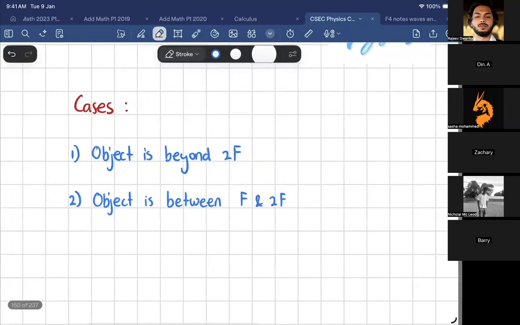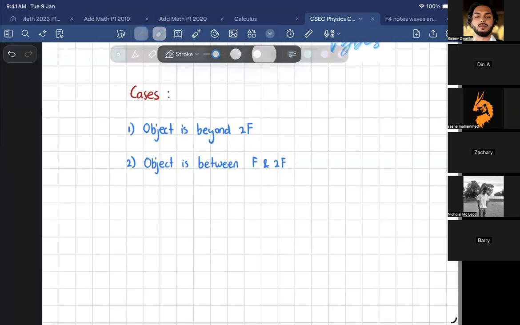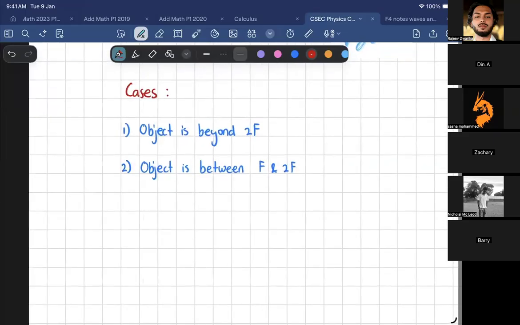Now, something to keep in mind here, once we're dealing with diverging lenses, this is gonna happen. So asterisk here.